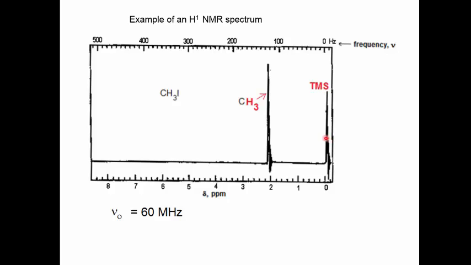Now there's only one peak because the 3 hydrogens of the methyl group are equivalent. NMR samples are almost always in a liquid or solution state. In this state, the molecules spin and tumble so rapidly that they're in the same environment when averaged over time.